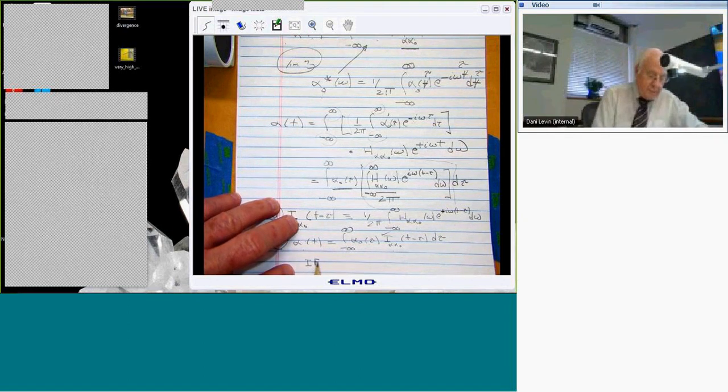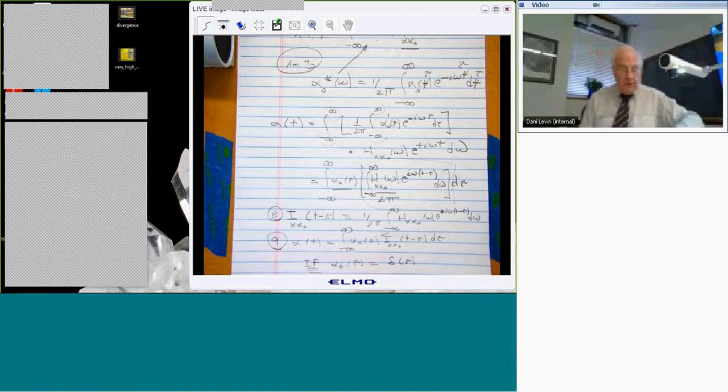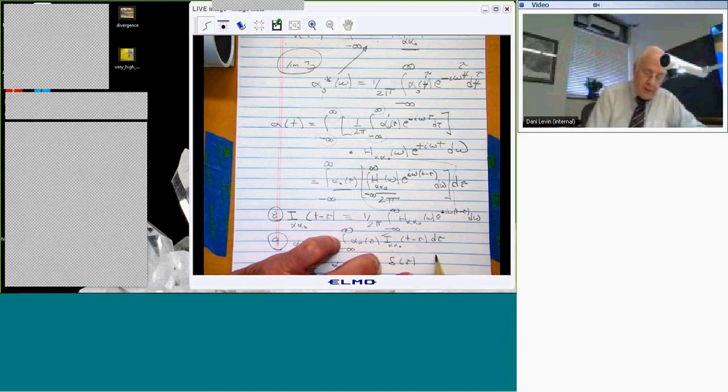If I select alpha of tau to be a delta function, this is not the virtual change in anything. This is a real delta function, right? What's a real delta function? Well, if I plot delta versus tau, it's a function of time, right?